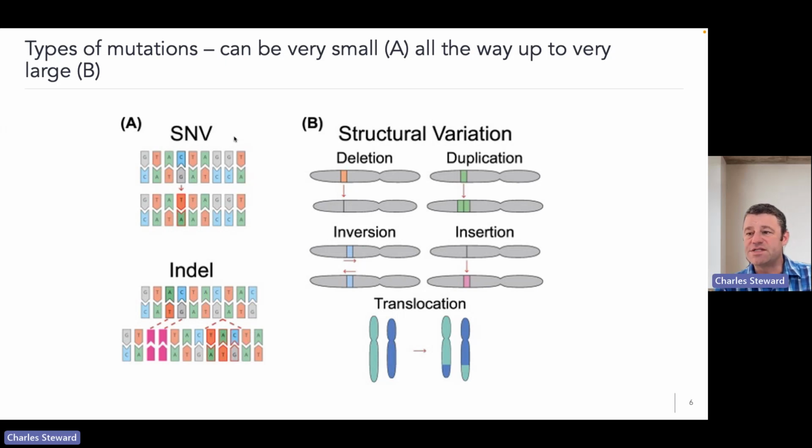There are various different types of mutations, although we don't tend to use the word mutations now; you can think of mutations or variants. On my slide, we have an illustration of what we call a single nucleotide variant, and that's when one letter gets changed to another. Then there are indels, which is short for insertion or deletion.